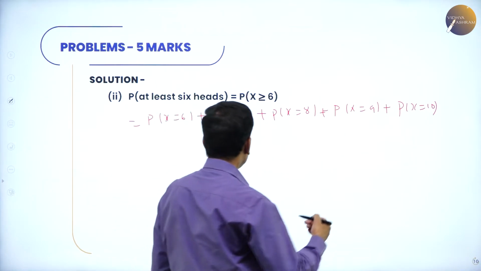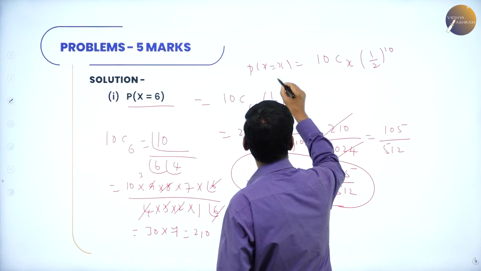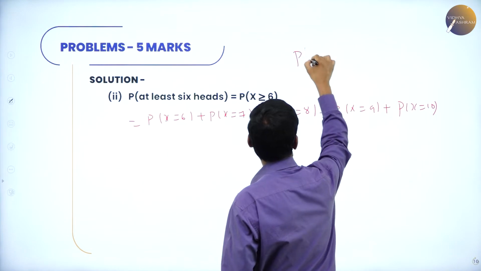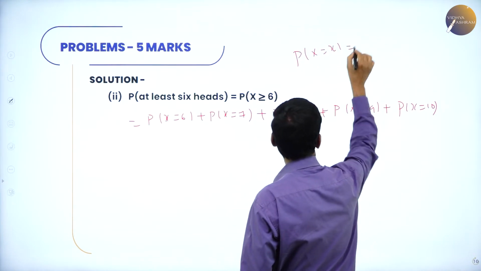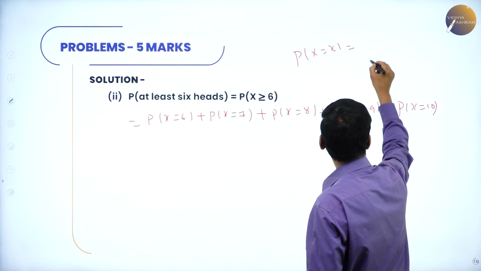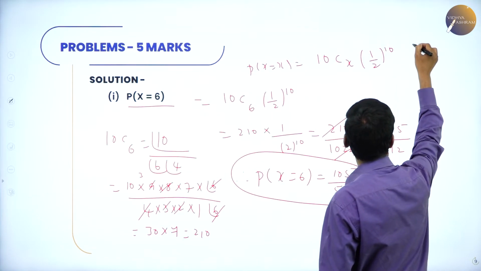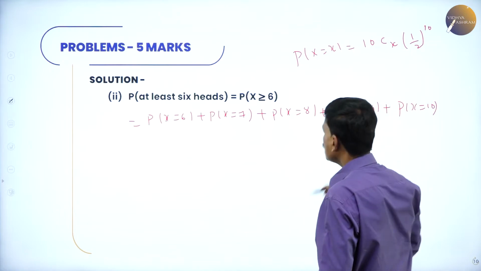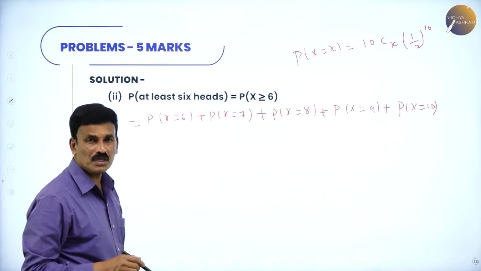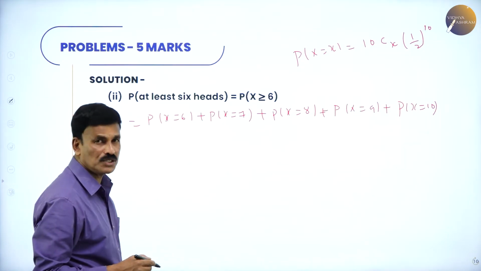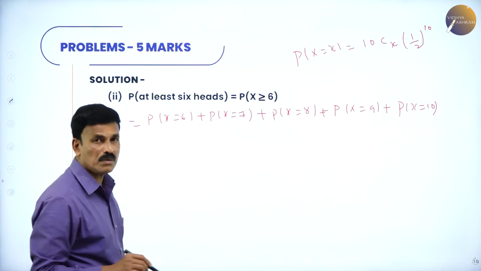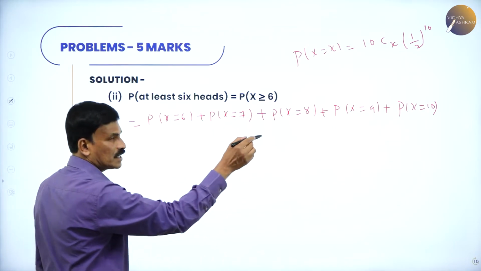So what is the value we have? P of x is equal to x is given by 10Cx into 1 by 2 to the power of 10. So the general formula is P of x is equal to x is 10Cx 1 by 2 to the power of 10. Just replace x by 6, 7, 8, 9 and 10. That's all.